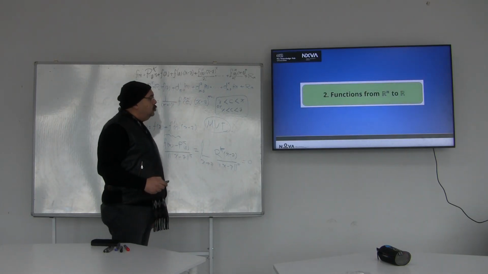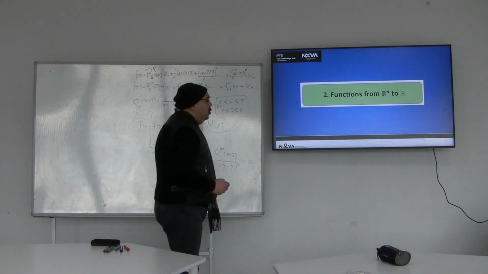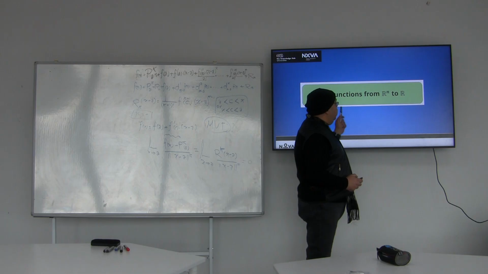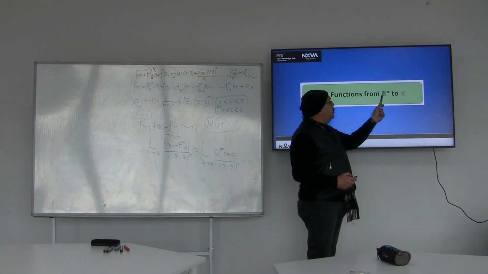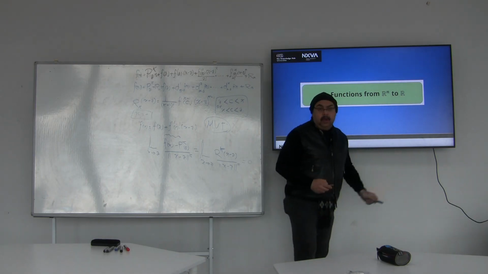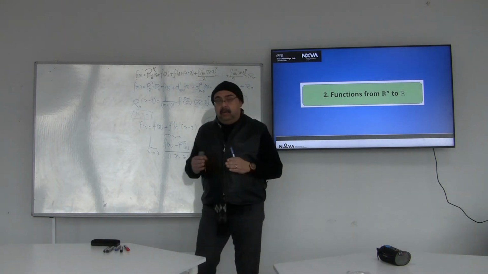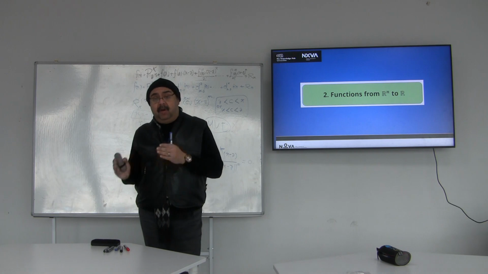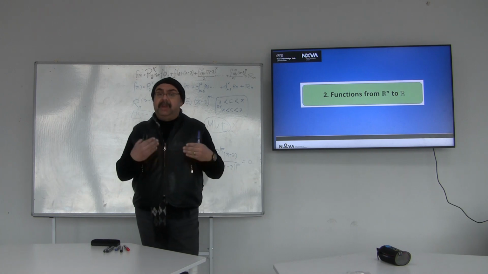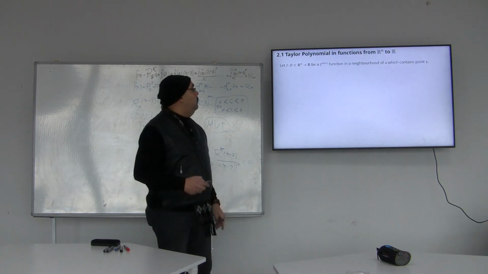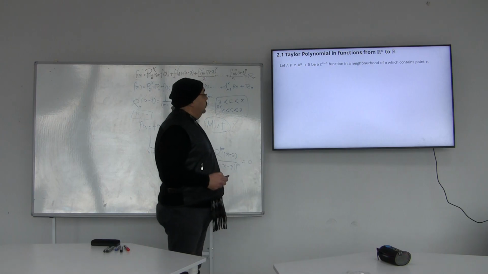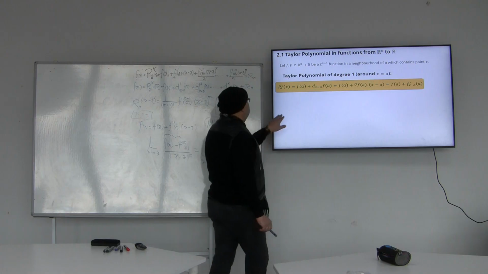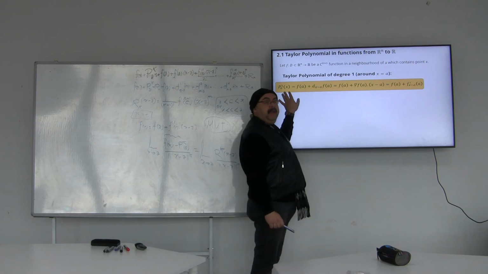Now, let's go to the functions where we can get the approximation if it runs from Rn into R. So, if I'm mapping some functions from Rn into R, we can also use Taylor's polynomial to approximate these functions. The approximating polynomial in this case will be of this form.